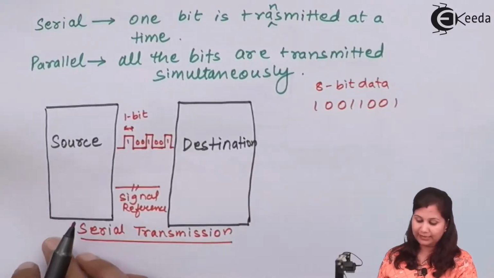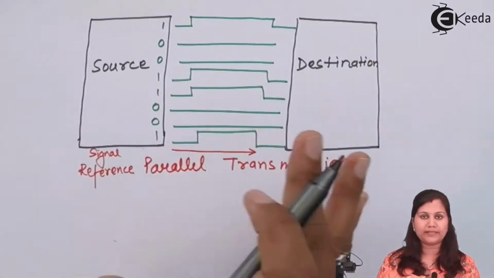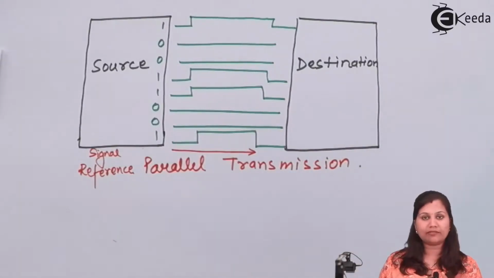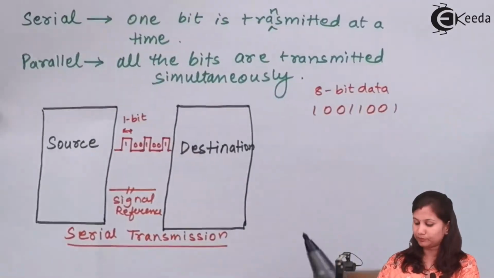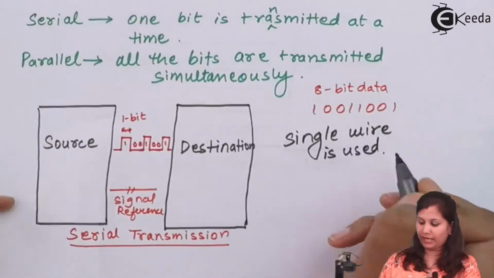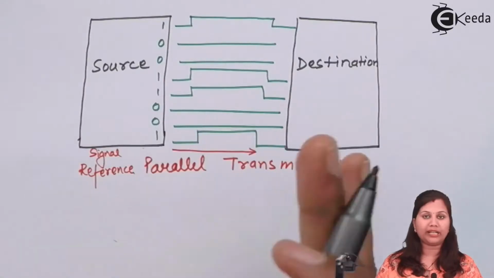So you have seen that in serial, one bit is transmitted, and in parallel, all bits are transmitted simultaneously. So the difference is that in serial transmission, only a single line, a single wire, is used to transmit the data. Whereas here, if we want to transmit 8 bits, we have to use 8 lines.